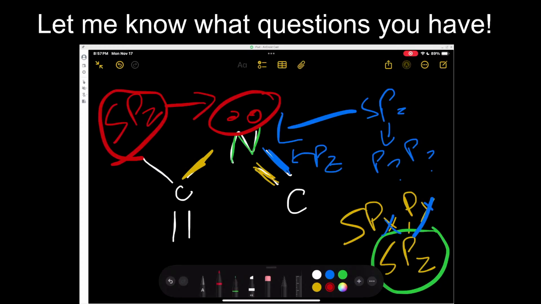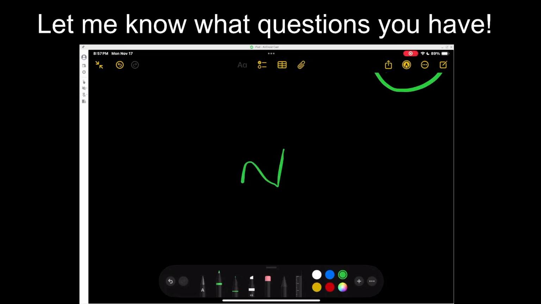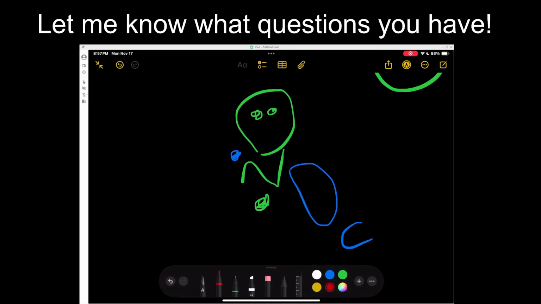So what does this look like orbital-wise? We have a nitrogen where a lone pair is existing in a hybrid orbital. We have a sigma bonding sp2 orbital going down to a carbon. We have a carbon itself that has a pi bond, but we're just going to look at its hybrid orbital.